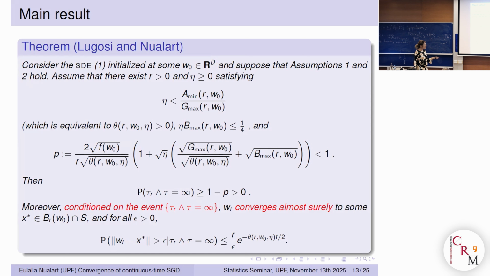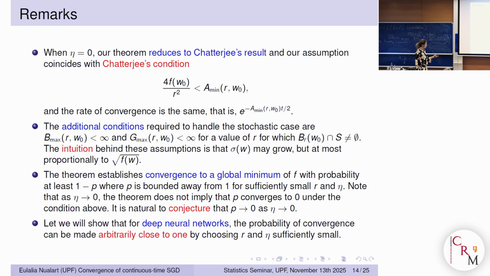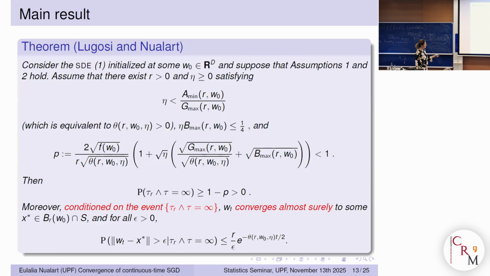Conditioned on this event, the process converges almost surely to some point inside the set of minima, and the rate of convergence is exponential. So this is our result. The whole goal was to bound this probability.